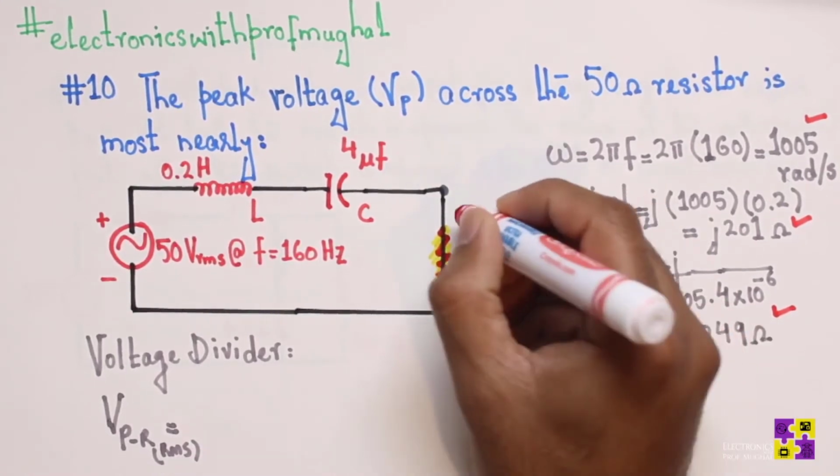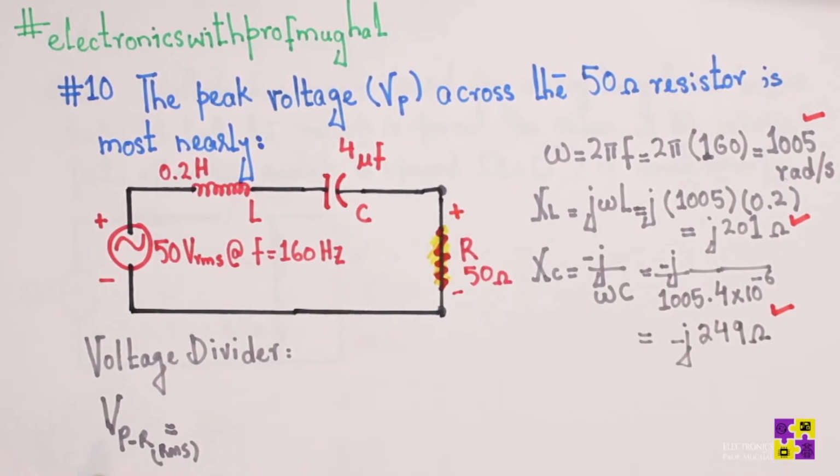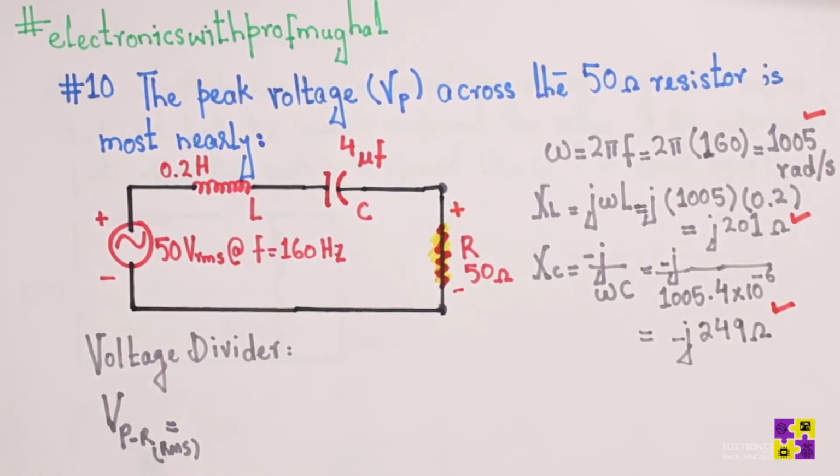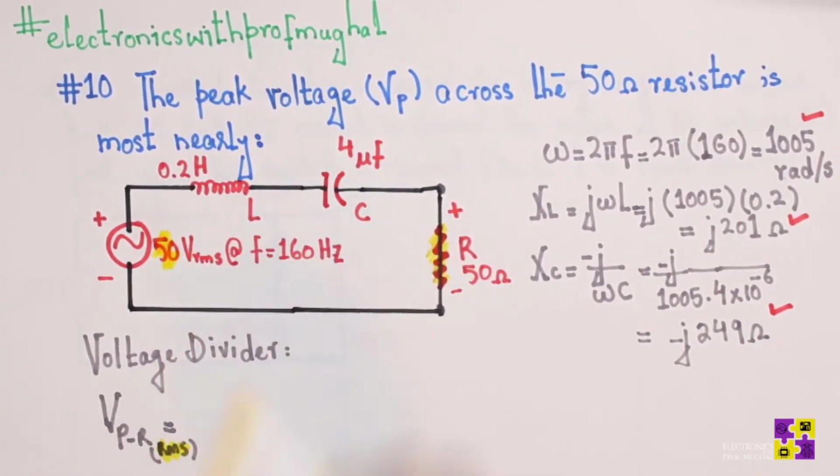Now that we have calculated these three parameters, we can just simply apply the voltage divider. Remember, our goal is to find the voltage right here. This is going to be in RMS right now, because we have the source in VRMS.